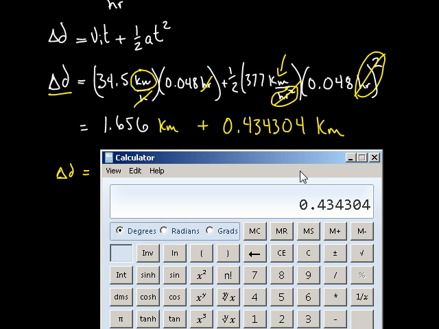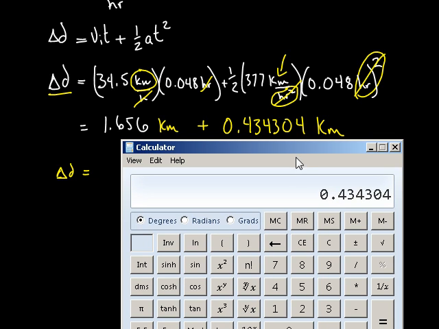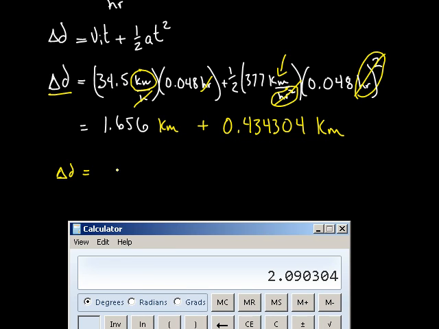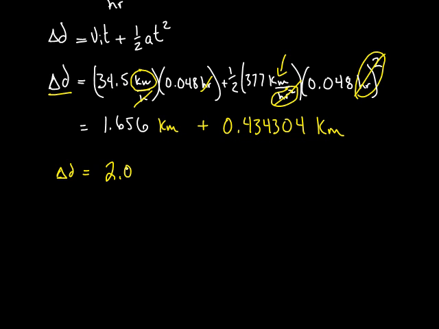So we've got this value still in our calculator, and then we're going to add in the 1.656, and that is 2.090304 kilometers.